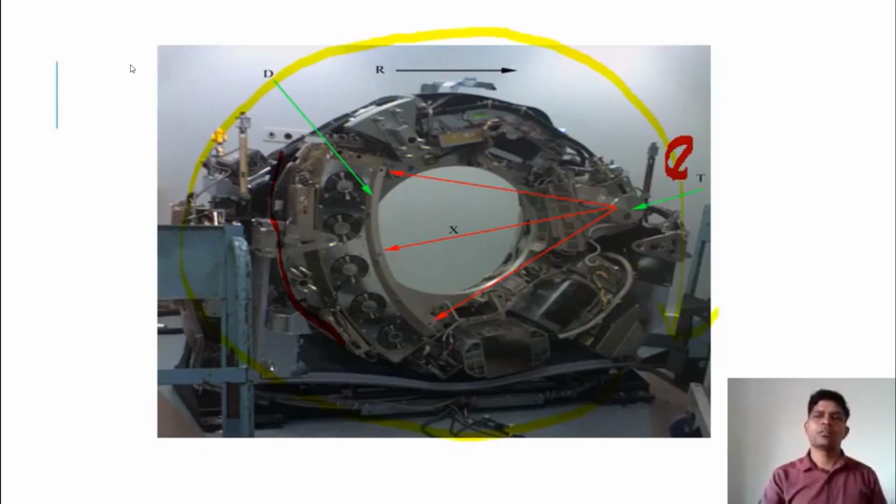So you can see how the CT developed. I think most of you might have seen these images in many places.